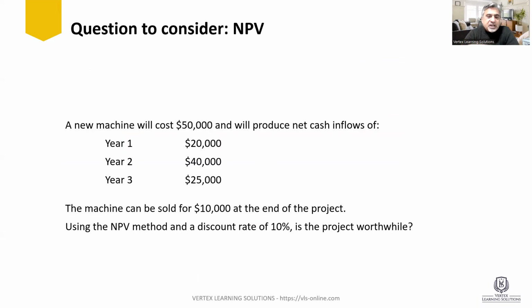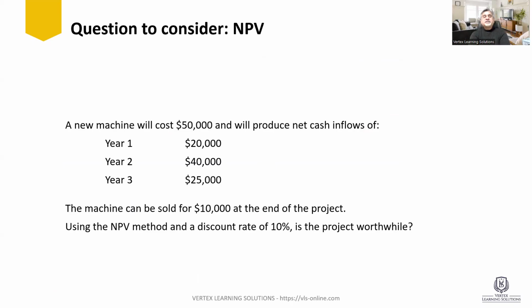This is an additional cash flow in the last year, where you dispose of the machine and get a residual or scrap value of $10,000. So you receive 20 in year 1, 40 in year 2, and 25 in year 3, and also 10 in year 3.